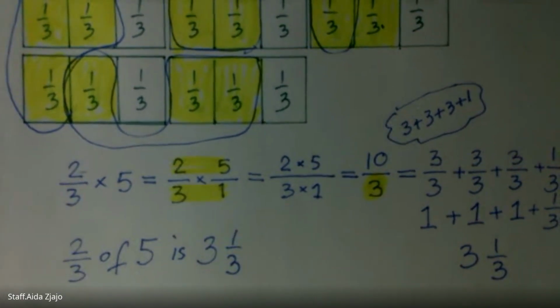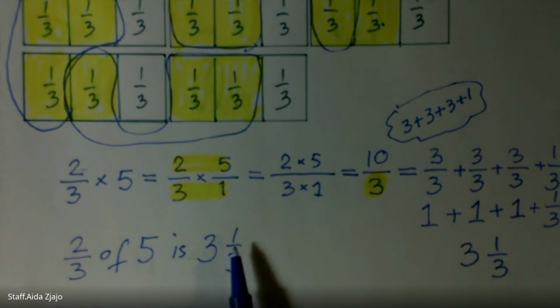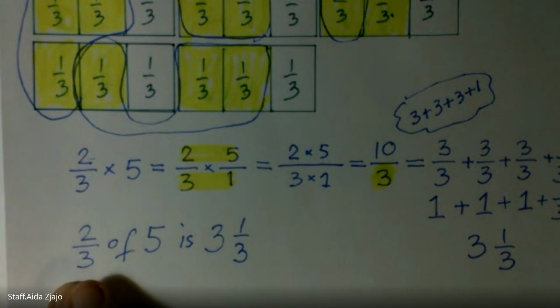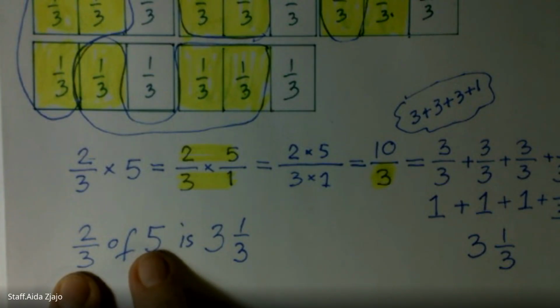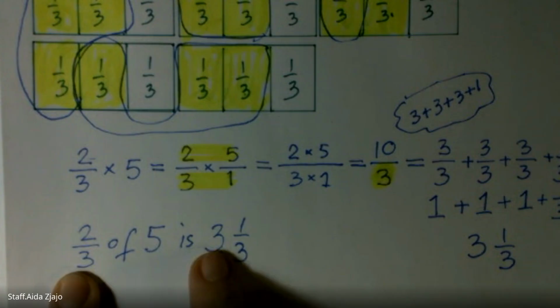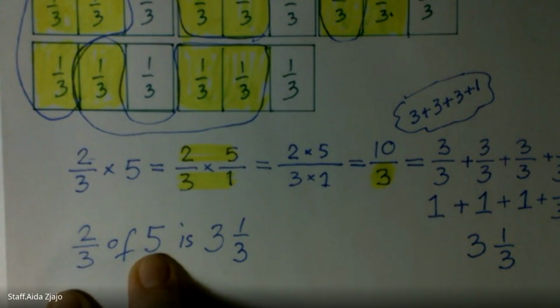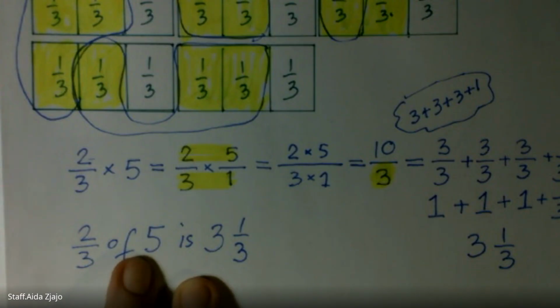You need to get 2 parts that are made out of 3 that makes 5. So of course the number is going to get smaller, because you are asking what is the part of these wholes. So the part of the 5 is 3 wholes and 1/3, and that represents 2/3 of 5.